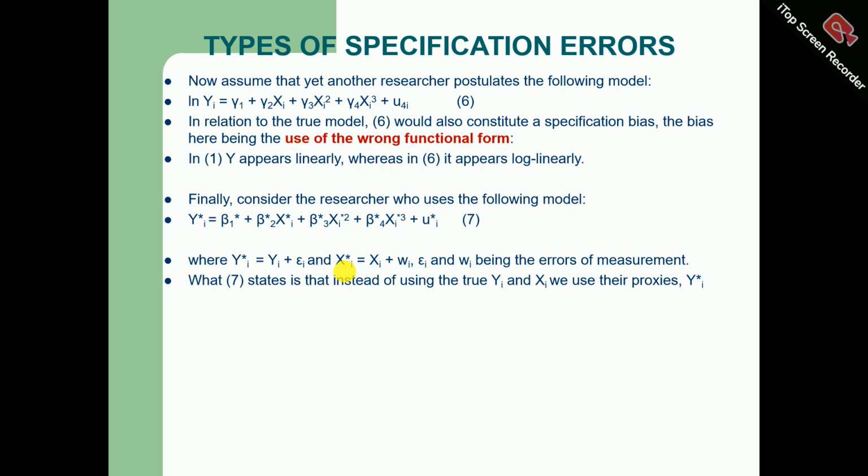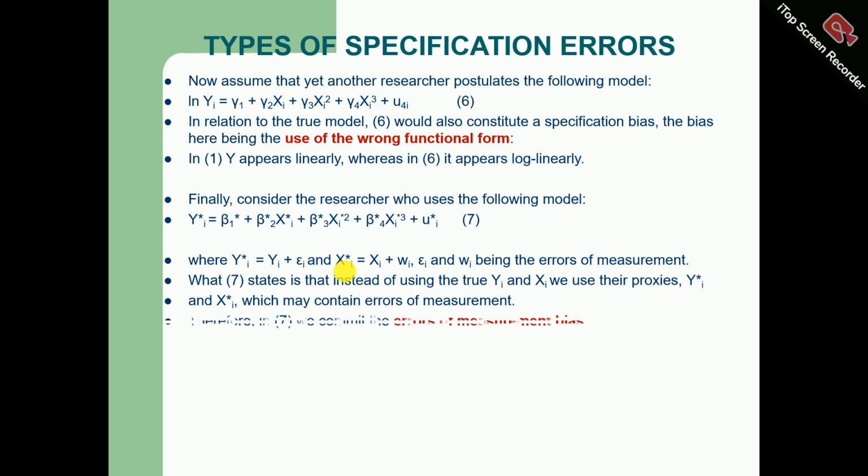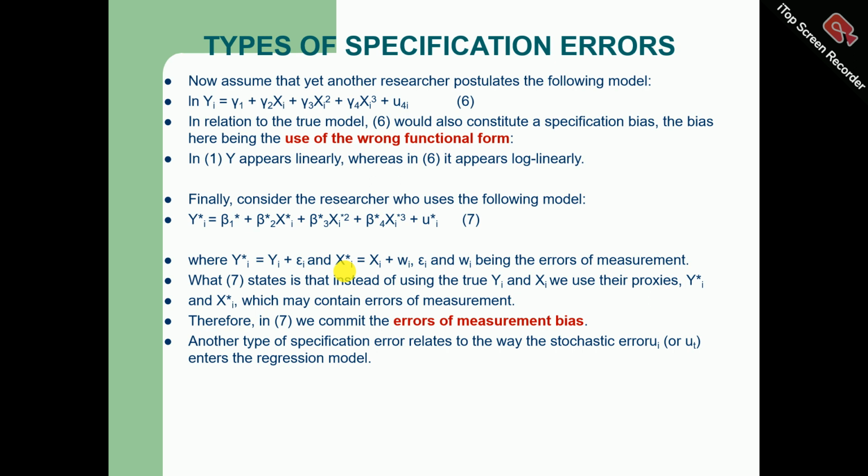Equation 7 states that instead of using the true yi and xi, we are using their proxies. That is not correct, and that may contain errors of measurement. So that is also one of the types of specification errors. Therefore, in equation 7, we commit the errors of measurement bias.